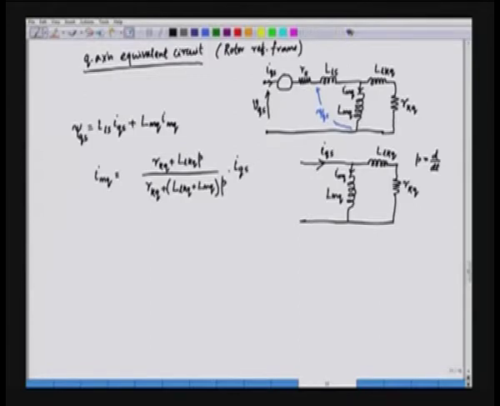So, once we get the magnetization current, we will be in a position to find out the total flux linkage in the q axis, that is psi QS.